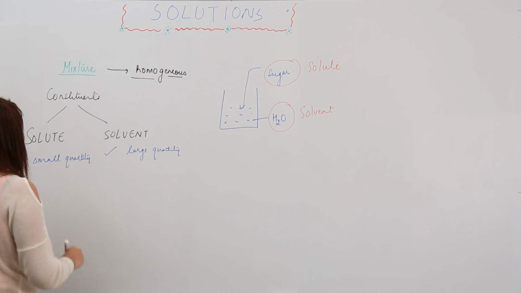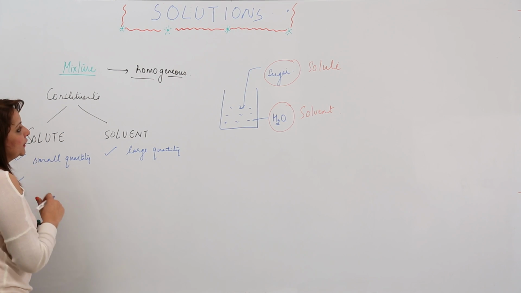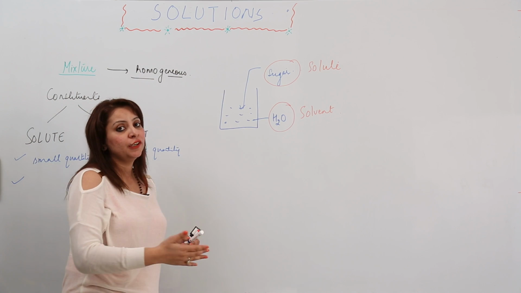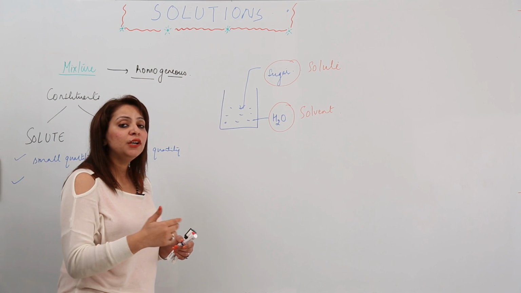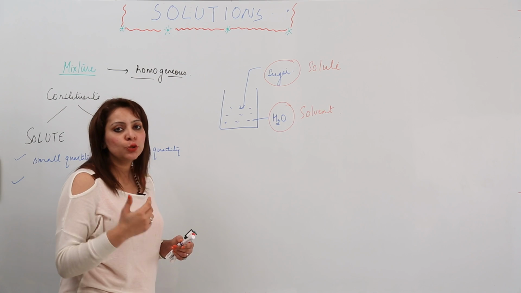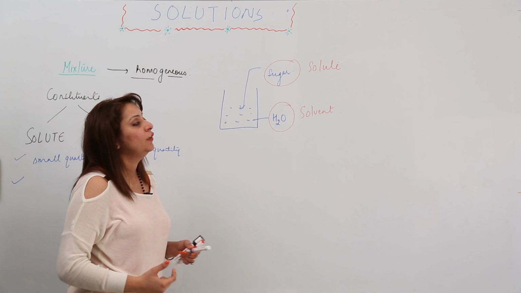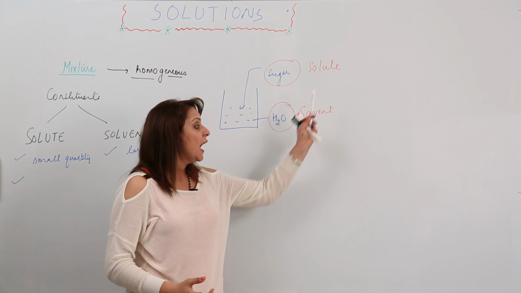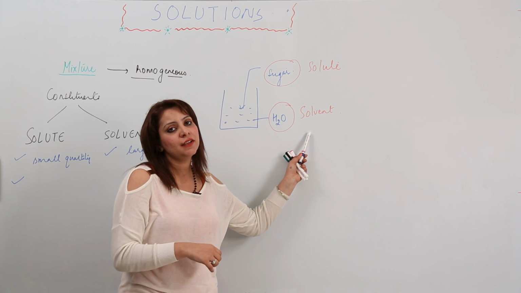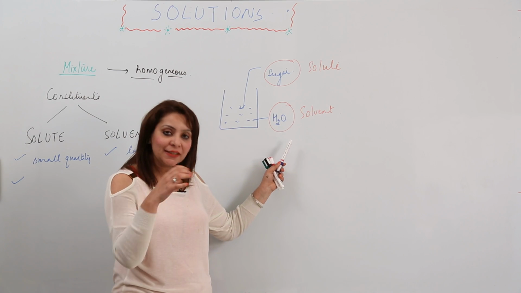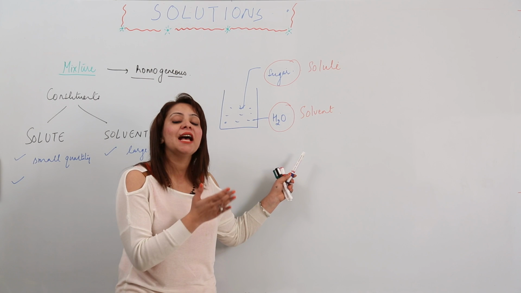The second difference lies in the solubility. When you are dissolving sugar into water, which is going to dissolve, sugar or water? Obviously, it is sugar which is going to dissolve. So the component which gets dissolved is called solute, and the component which dissolves the other component is called solvent. In this example, sugar gets dissolved, so it is considered as solute.